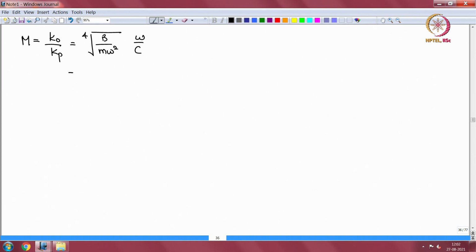This is equal to the 4th root of the square root of B by m omega square, and I take the power 4 inside, omega fourth by c fourth. So this is equal to the 4th root of B omega square by m c fourth.